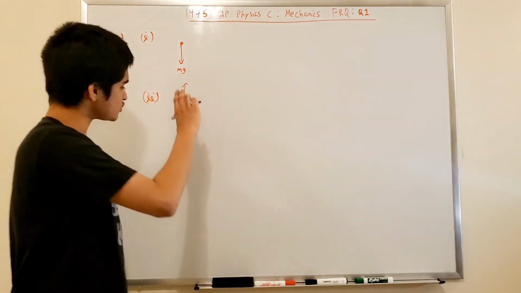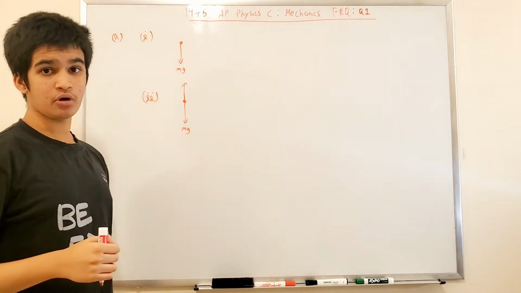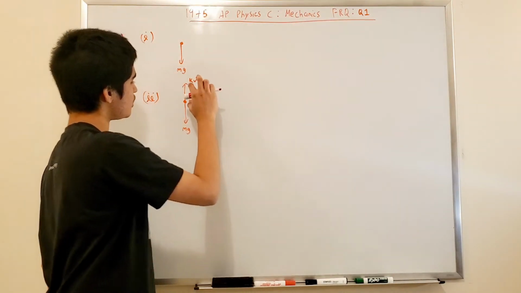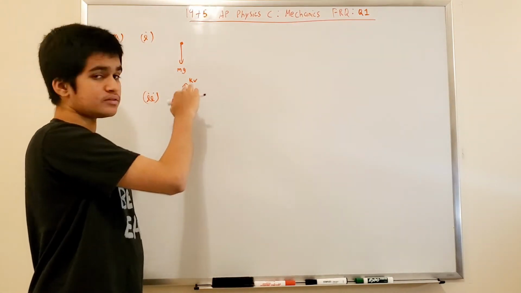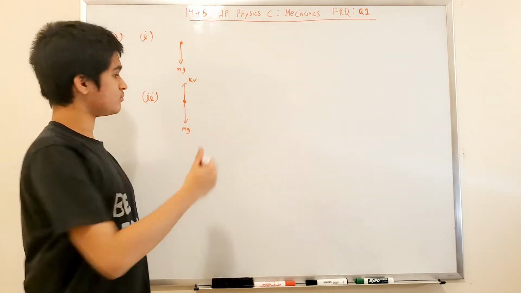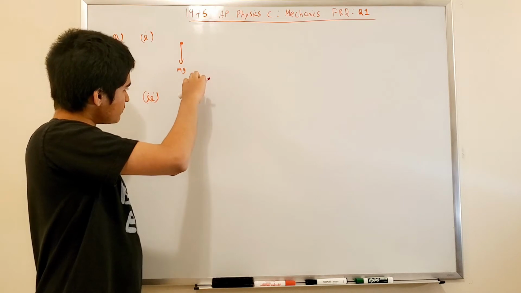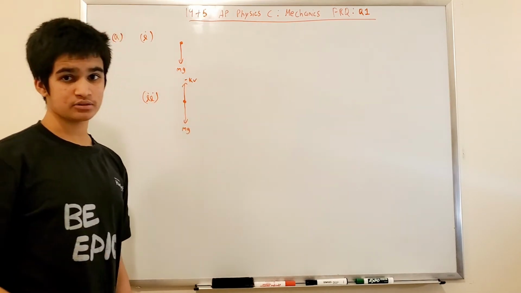So the net force on this system must be 0 because there is no acceleration. So there's going to be a force of negative kV acting upward in order to create zero acceleration.